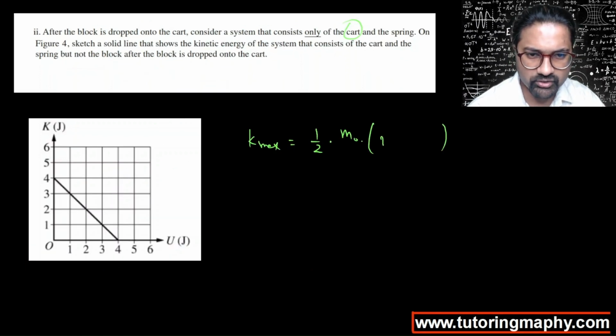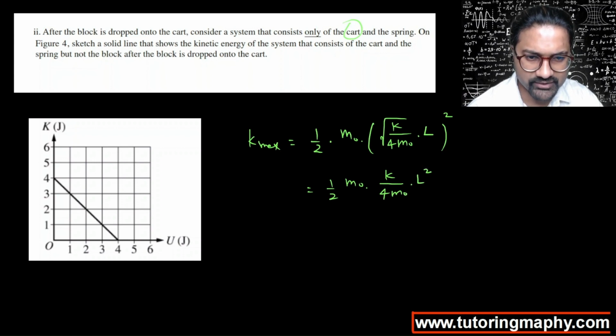And we already found in the previous question, it's this one. So I'm going to write that over here: root of k over 4m naught times a, and a is L, the amplitude, and that's squared. So this is equal to half m naught times k over 4m naught times L square. M naught and m naught are gone, so we are left with 1/8 of KL square. Actually, there is a better way to write this, to understand it intuitively.